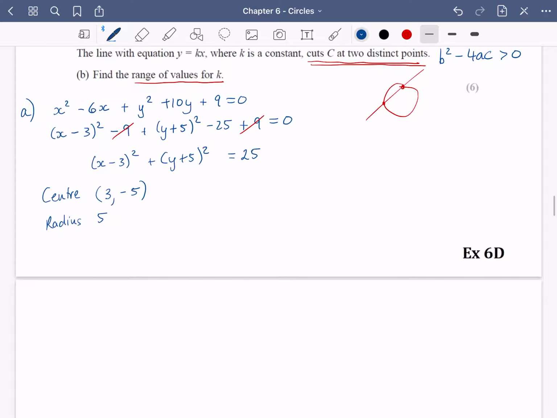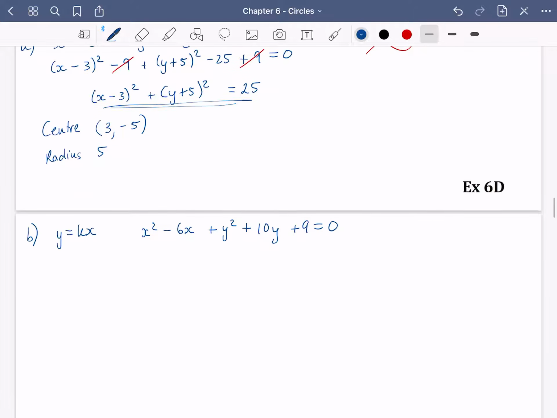So let's just dive in with our question. It doesn't really matter if I use this version of the equation or the original one. I'm probably going to use the original one actually. I think the original one's probably going to be easier because it's already been expanded. So we've got that y equals kx, and our other equation is x squared minus 6x plus y squared plus 10y plus 9 equals 0.